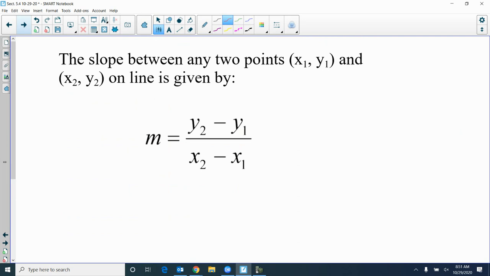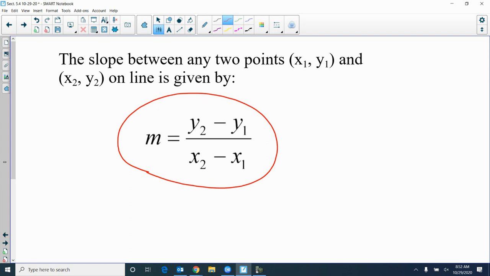This is what should be on your page right there. See where it says m equals? We use the letter m for slope. It says the slope between any 2 points, (x1, y1) and (x2, y2), is given by this formula.